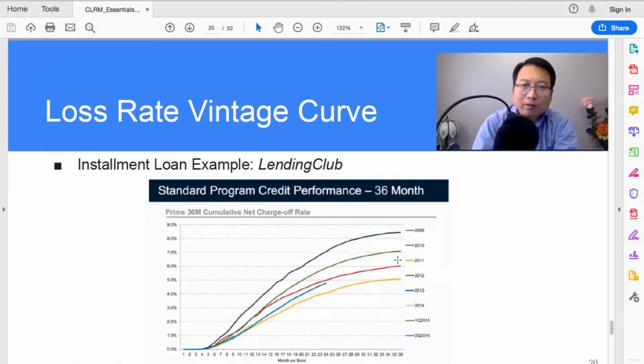Then in 2013, the vintage loss curve also came down. So this helps you observe your latest vintage performance versus historical years, and you can make comparisons and make some adjustments accordingly.